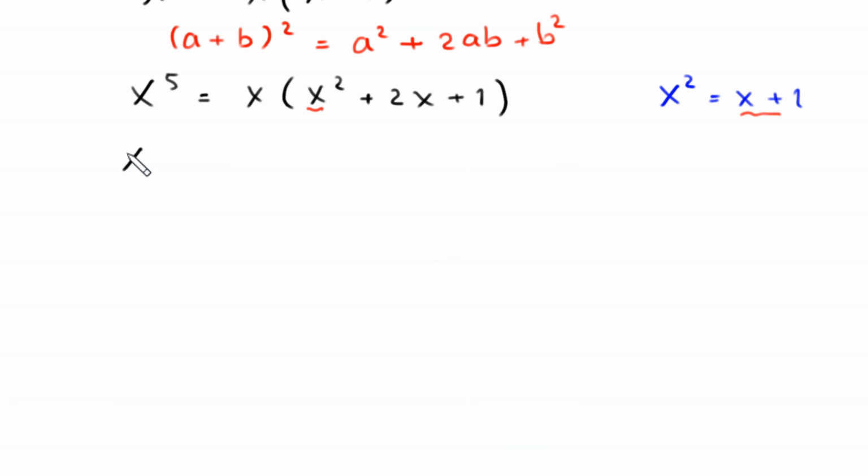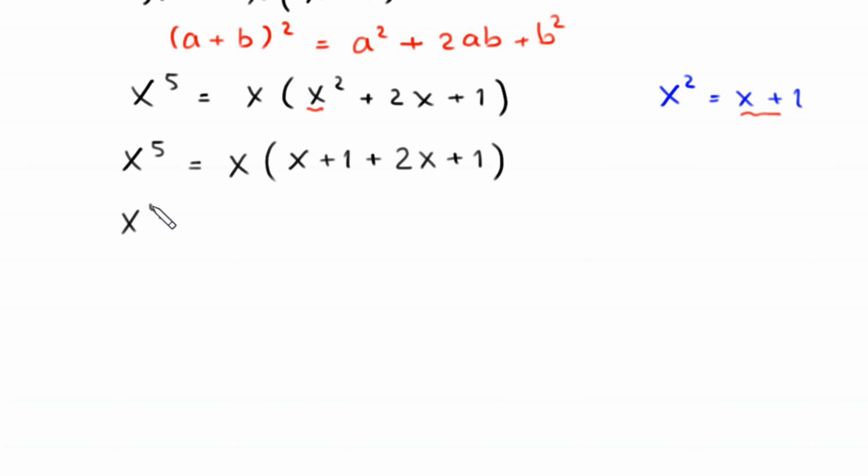Then this will become x to the power 5 is equal to x times, in place of this x squared we write this x plus 1, x plus 1 plus this 2x plus 1, 2 times x plus 1.